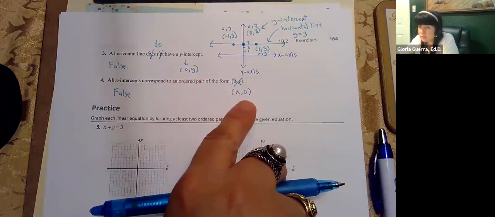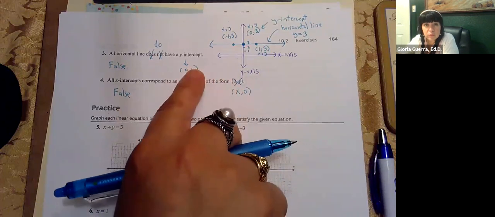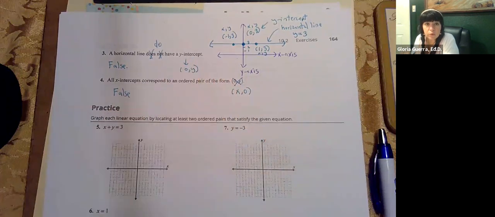X-intercepts have (x, 0), so (0, y) is for ordered pairs for y-intercepts.